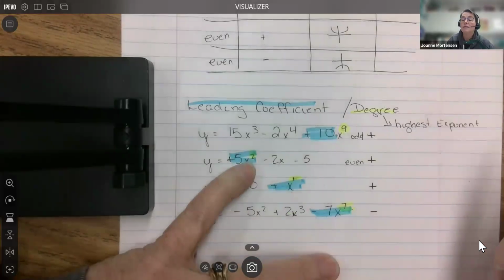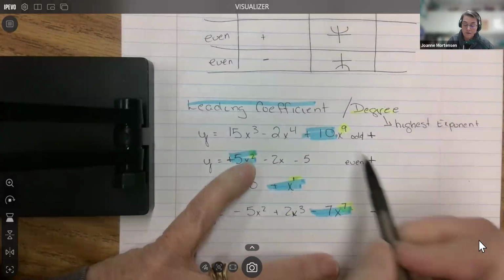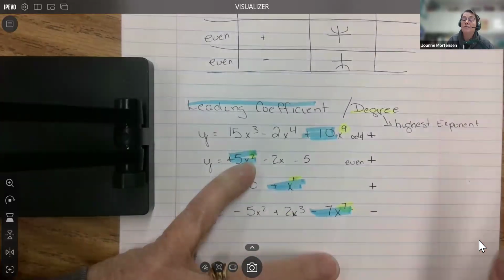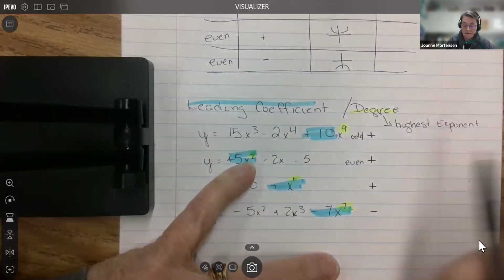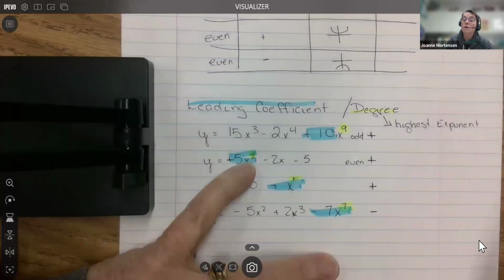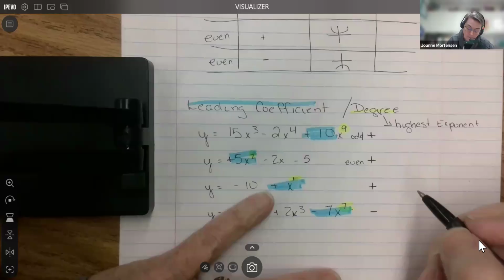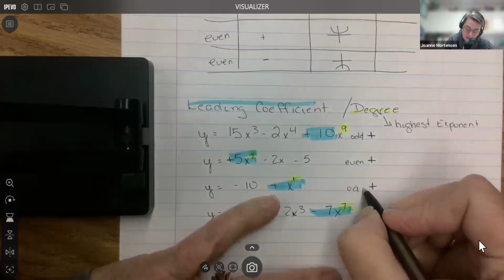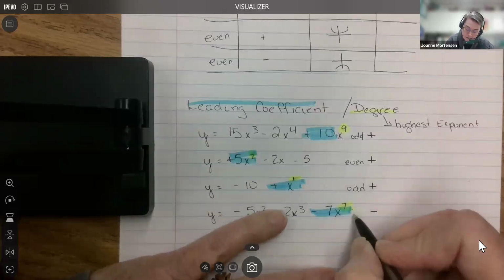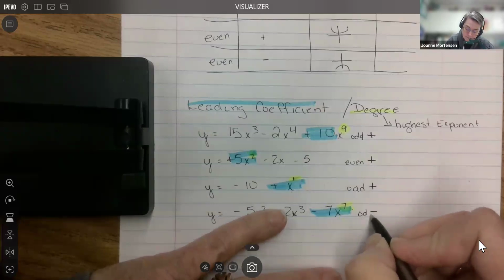If you're having one of those moments, even just means you can divide it by 2 and you don't get a decimal. If I take 9 and divide it by 2, I get 4.5, so it's odd. If I take 2 and divide it by 2, I get 1, a nice whole number, so it's even. This is odd, and this is also odd.